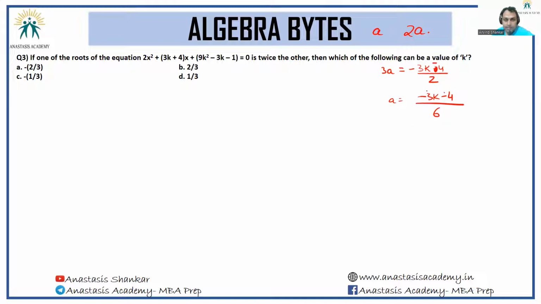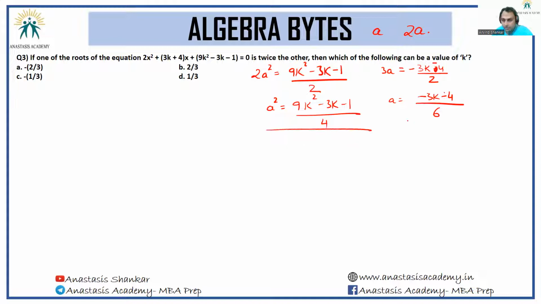One value of a I received from here. Another value of a that I will receive, okay, square. So 2a square is equal to 9k square minus 3k minus 1 by 2, or a square is equal to 9k square minus 3k minus 1 by 4.